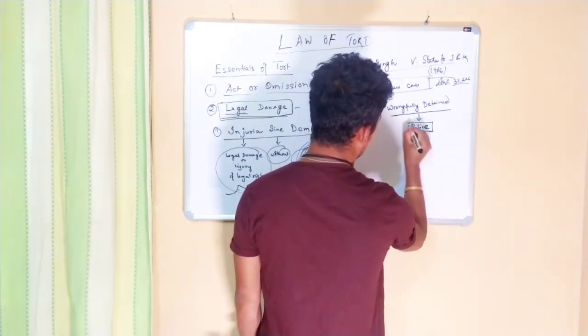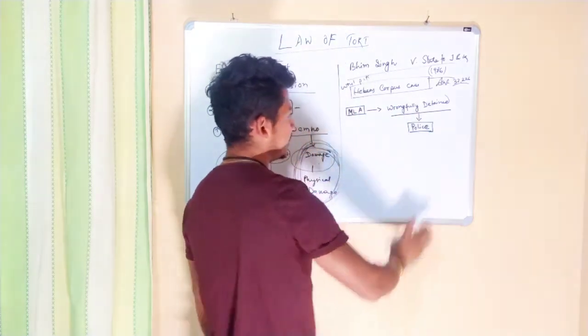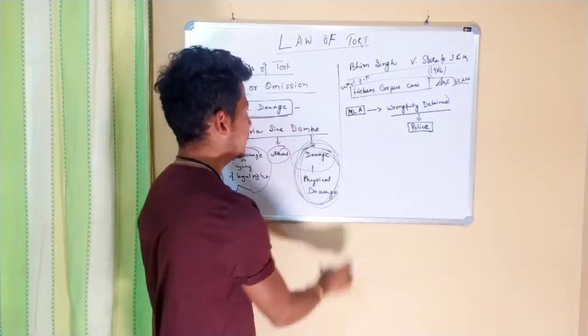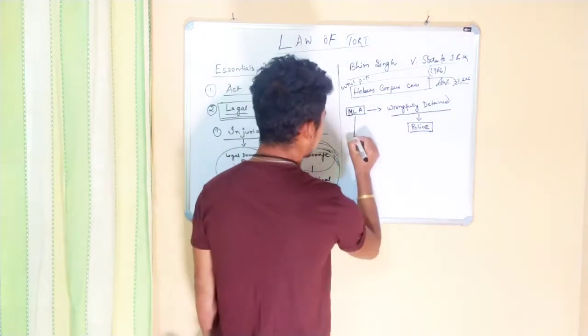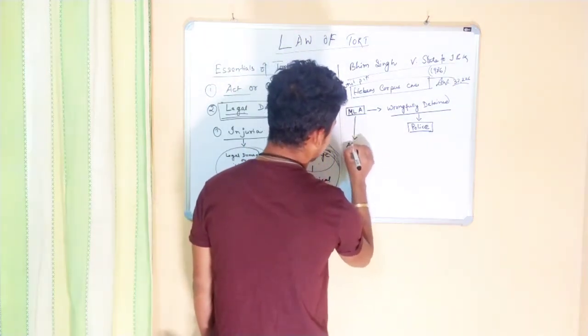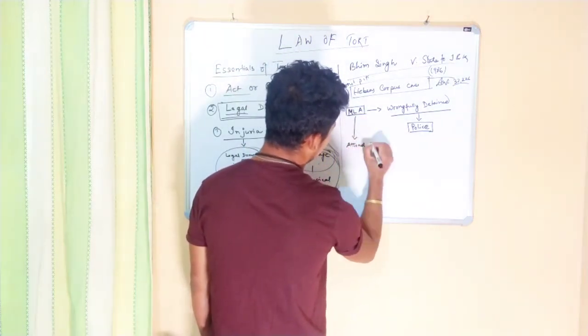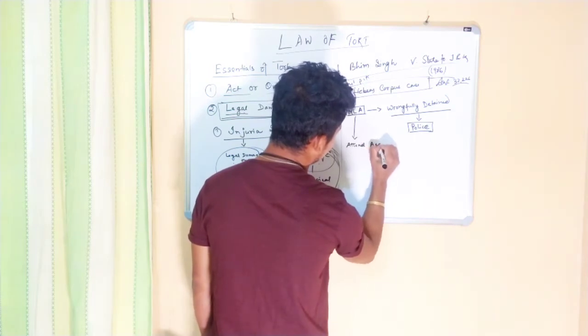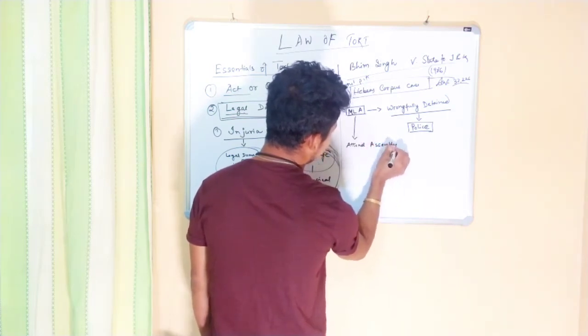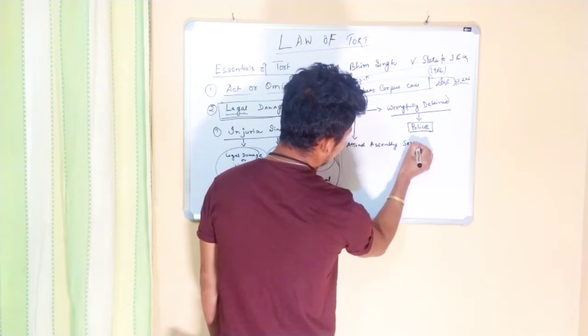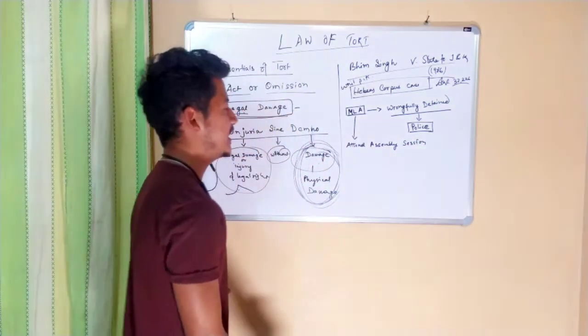Wrongfully here means that without any lawful justification he was detained, and he was supposed to go to attend the assembly session.